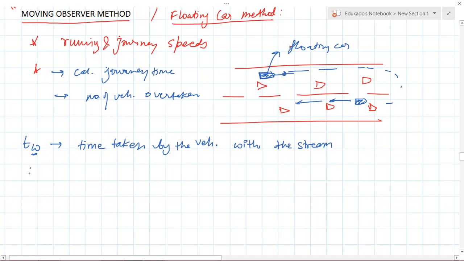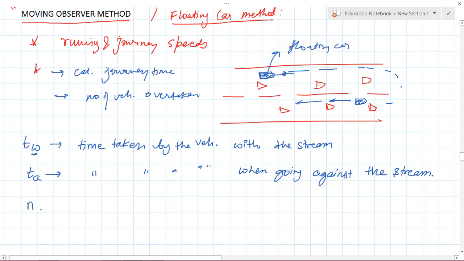Now if I go against the stream, I will call it TA. So the time taken by the vehicle when going against the stream. Alright, so now you can see all these times are covered.